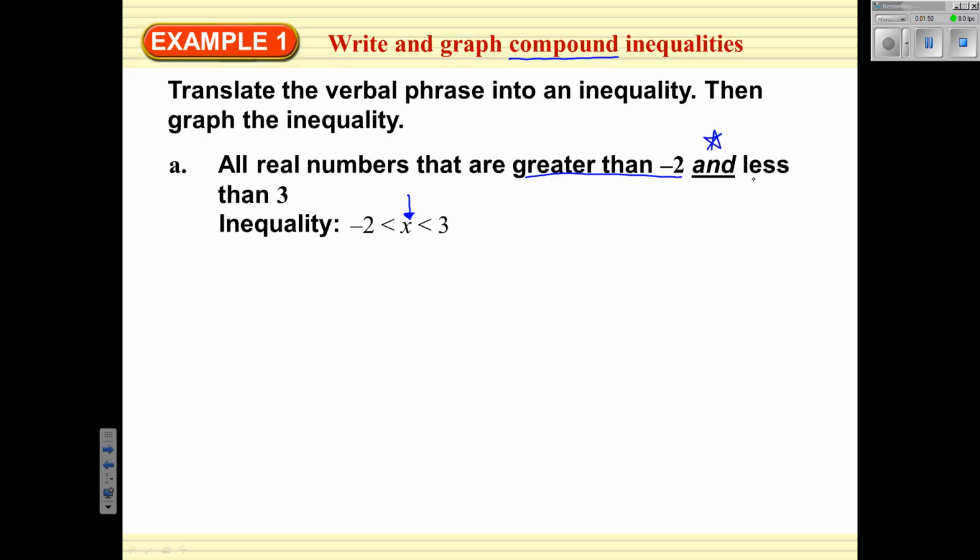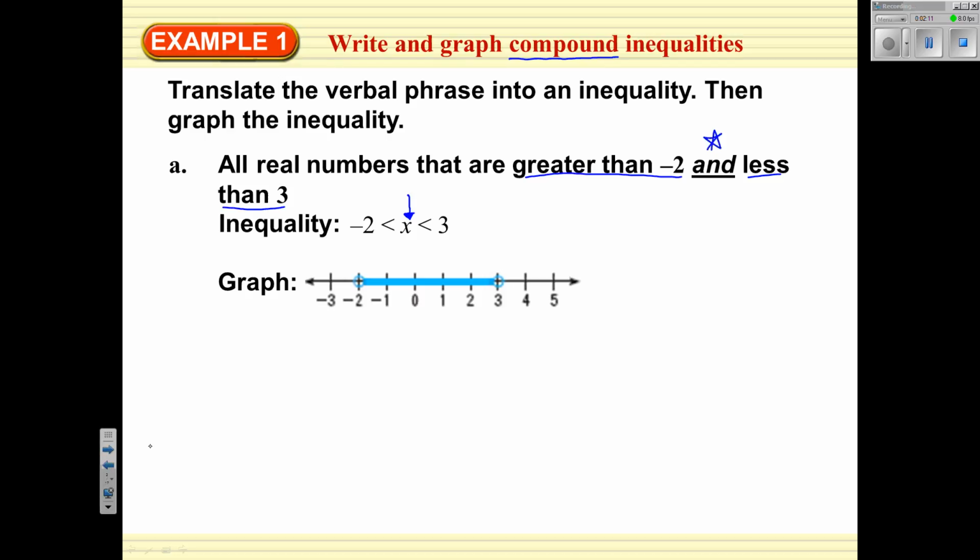So that satisfies this part. So when you have an and statement, it has to satisfy both parts. It can't satisfy one or the other. It has to satisfy both. So our solution set is going to be the numbers, obviously, in between negative 2 and positive 3.